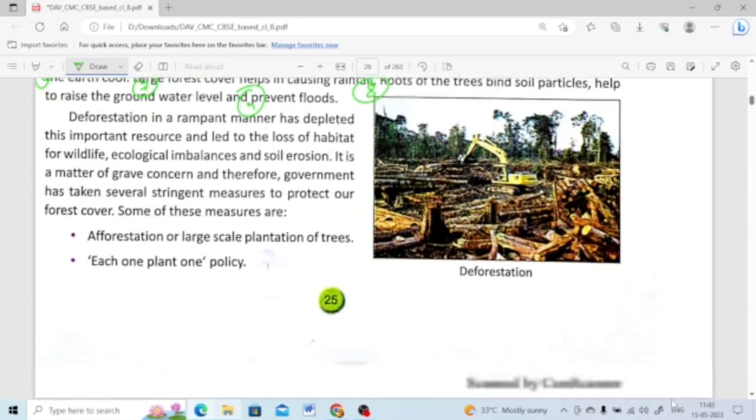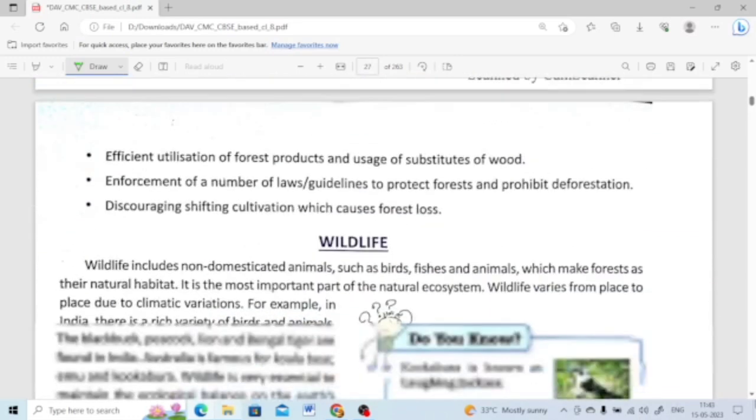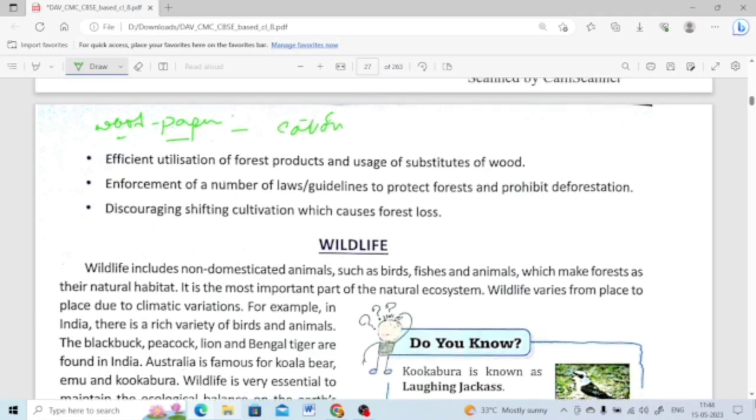What are these measures? Afforestation on a large scale, one each plant one policy, efficient utilization of forest products, and usage of substitutes for wood. Like we are getting paper from wood trees, so instead of using paper we can use cotton clothes also.